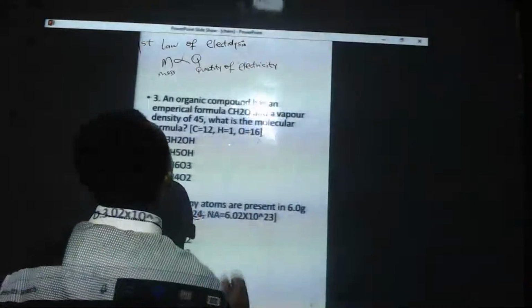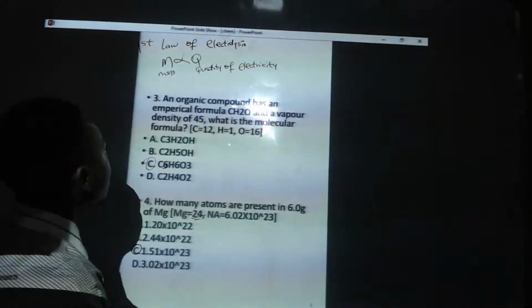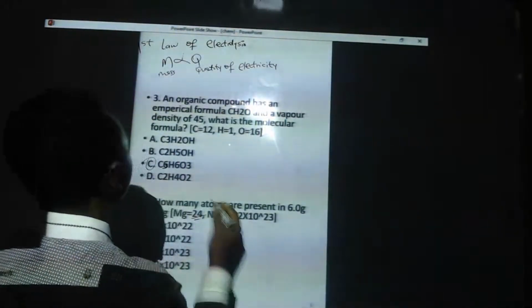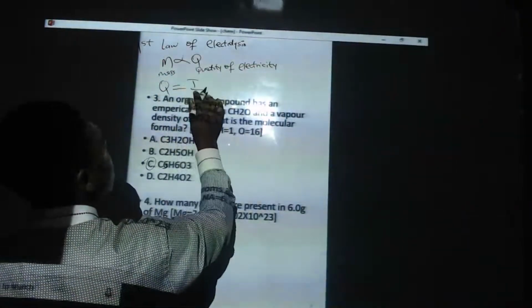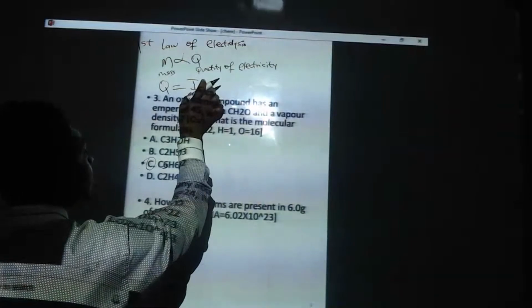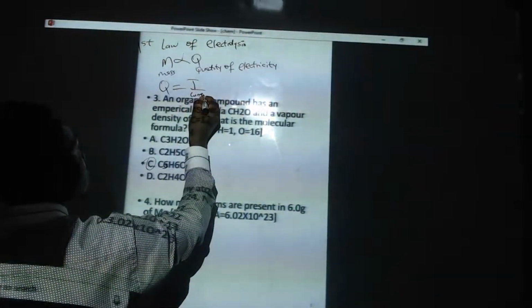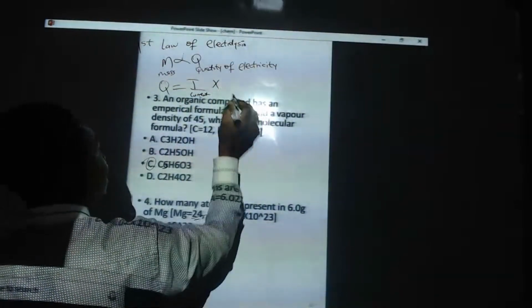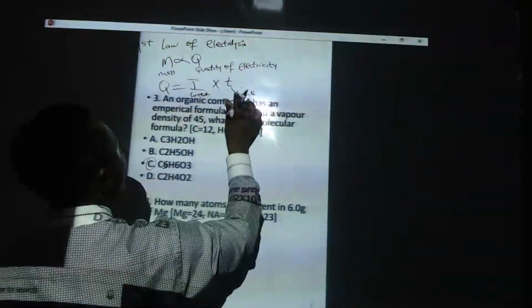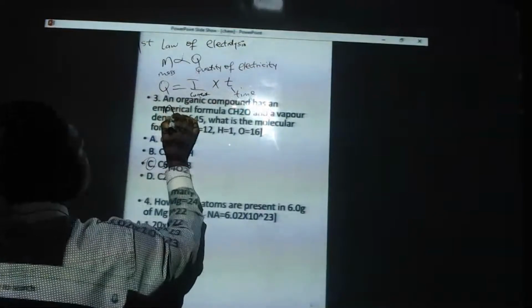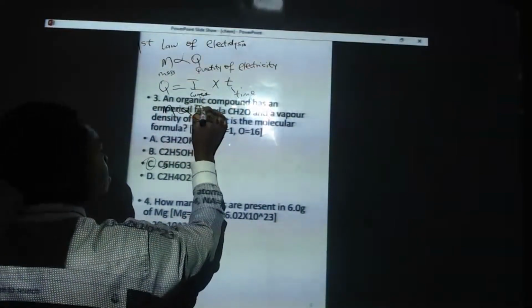The quantity of electricity is equal to your current, which is I, multiplied by the time, which is T. So this implies that your M is directly proportional to IT.